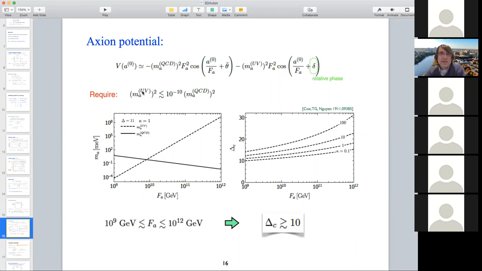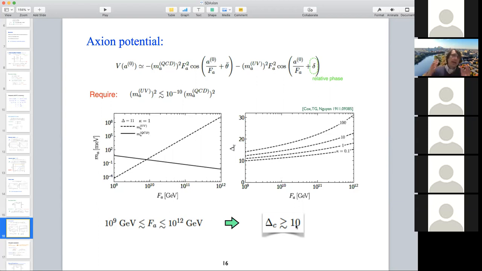And because the UV contribution depends on delta, then this leads to a lower bound on this delta. And indeed, if you put in the value of f_a, that's between 10 to the 9 and 10 to the 12, then the lower limit on this delta needs to be 10.